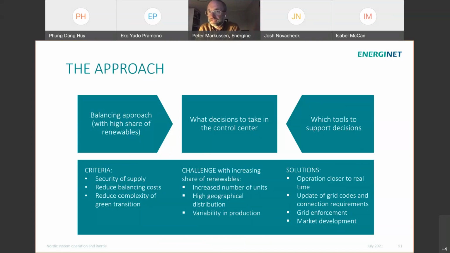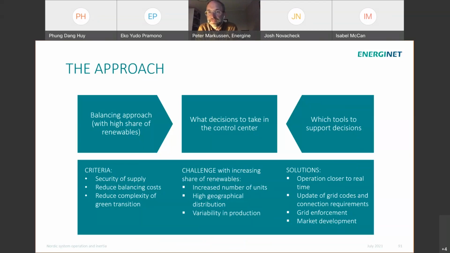And then what are the decisions to take in the control center? What are the necessary tools to be used? Where we have actually included real-time monitoring to support the decisions in the control center. But we have also given the control center some possibilities to react when the inertia is low, for example, with this fast frequency reserve.